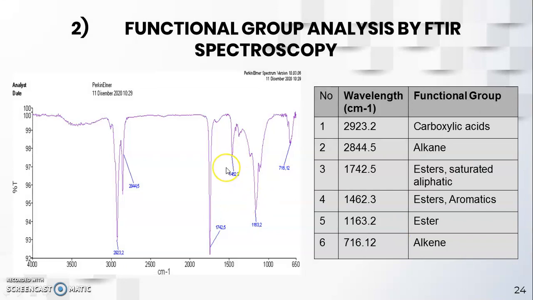Next is the result for functional group analysis by FTIR spectroscopy. As you can see here on the left side of the figure, it shows the FTIR result. After interpretation in the table, as we can see here, there are 3 ester functional groups observed.